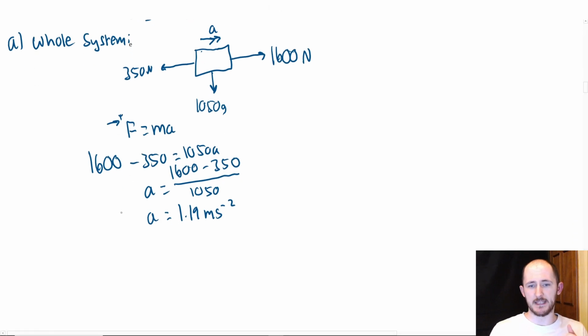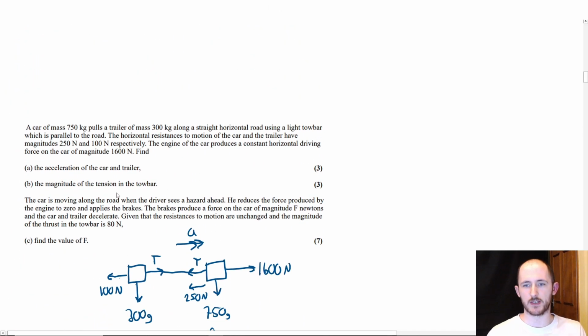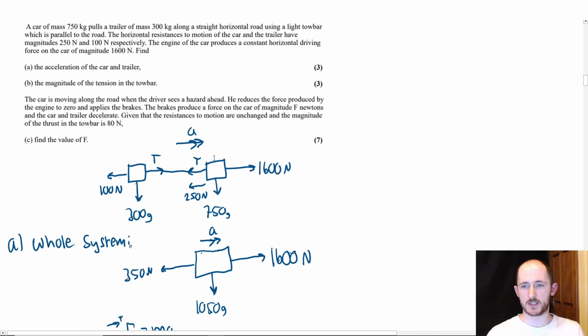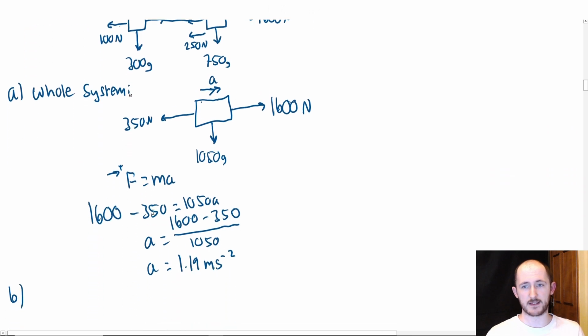And then part B asked us to find what the actual tension is. So the tension, you can just take either one of these as what you're resolving for. So you can resolve for the trailer or the actual car. I would prefer the trailer, and the only reason why is that there's fewer numbers. That's literally it.